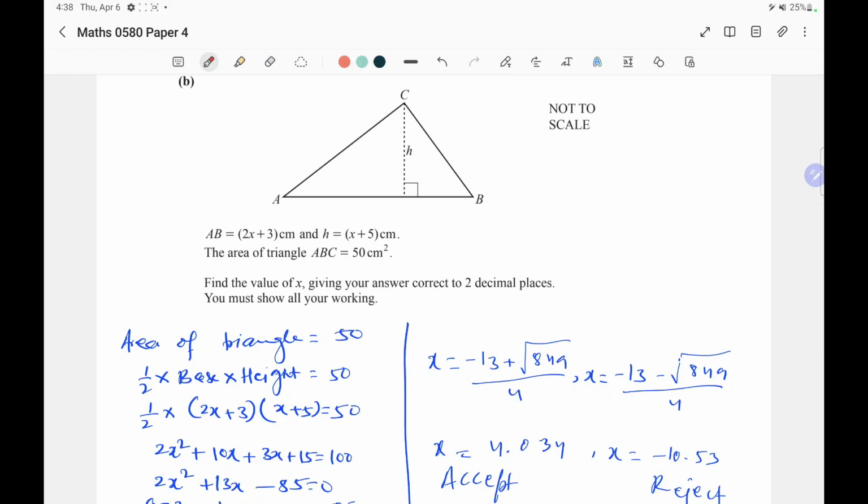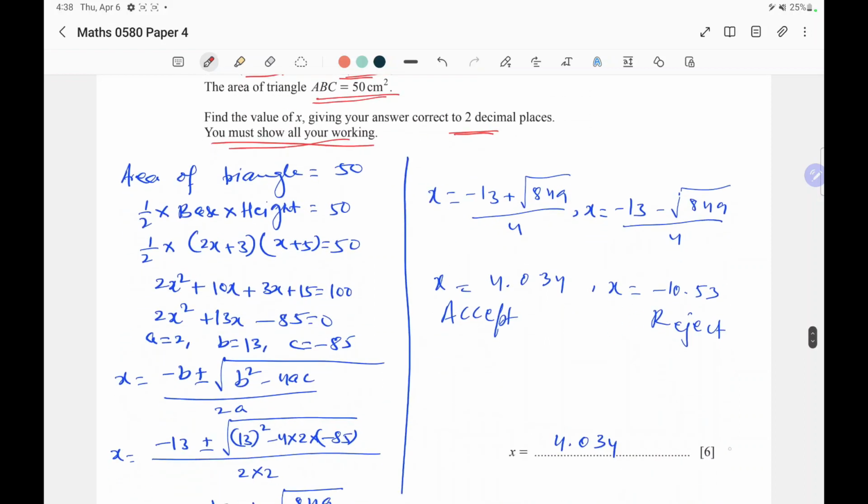Let's check the question. This is a triangle where AB is 2x plus 3 and height is x plus 5 and area is 50. We need to find the value of x to 2 decimal places, and you must show all your working. This is for 6 marks.